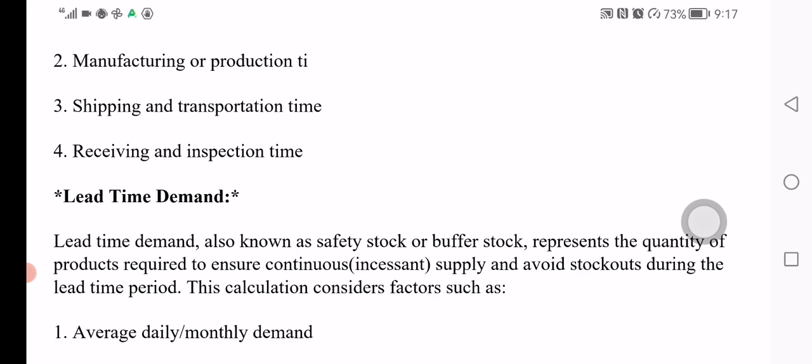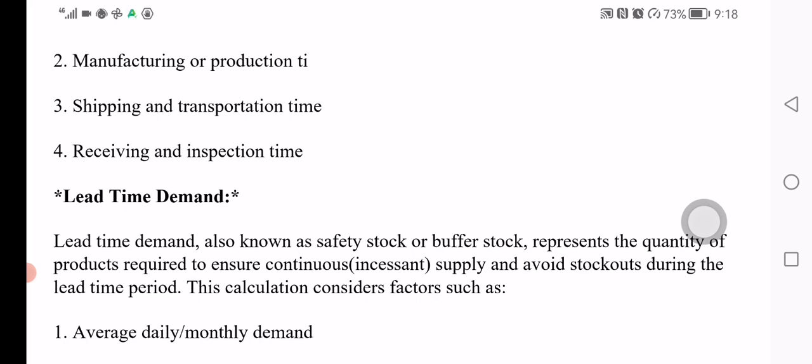Basically, lead time demand is the demand that you consider when you place your order to the supplier. Say you place an order for 100 products to the supplier, and during that specific lead time, customers place orders to you.